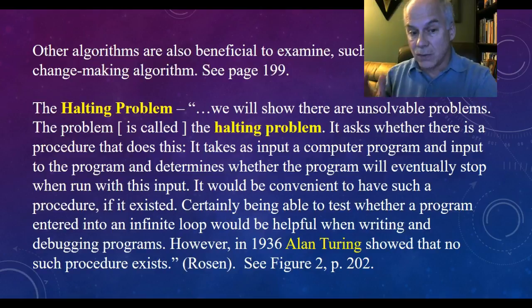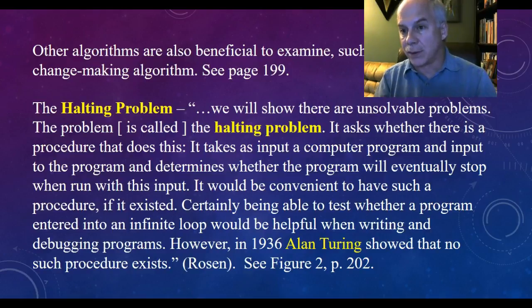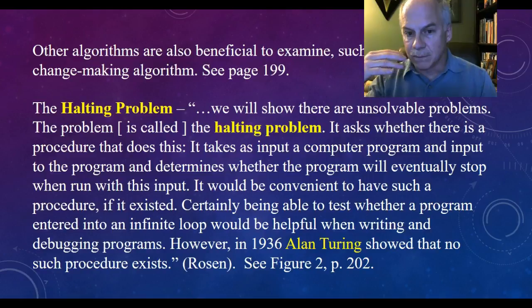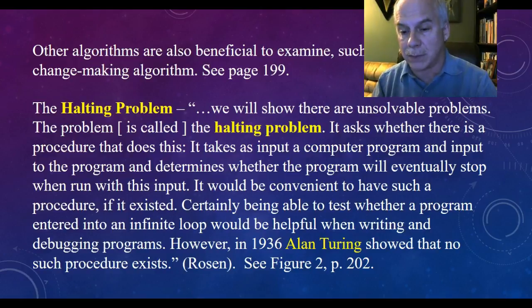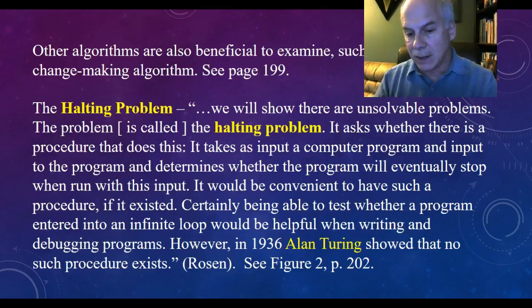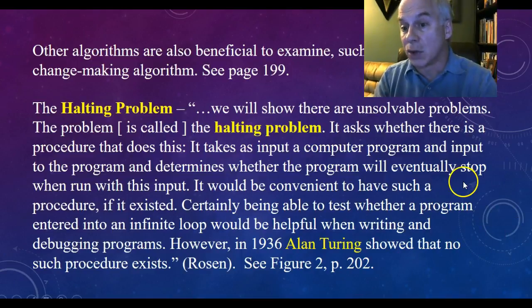Okay, so there's no procedure that we can have to show us whether a program will halt or will successfully solve a problem. Okay, and so it basically says that there are unsolvable problems. You can look at page 202 in that respect.